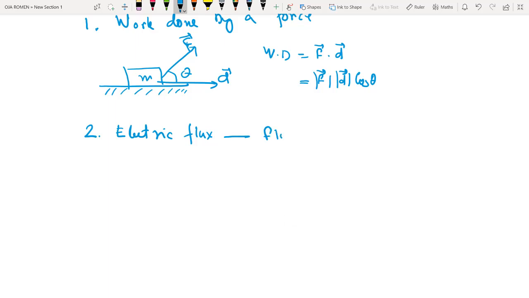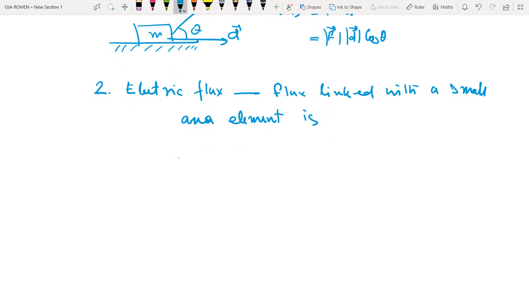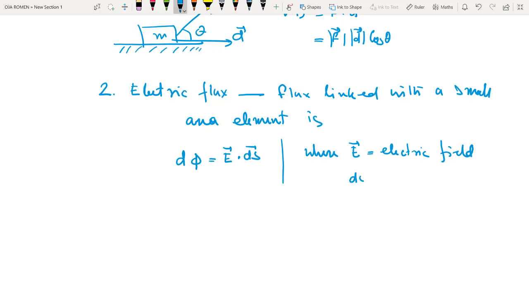The flux linked with a small area element is d phi equals E dot ds, where E is the electric field and ds is the area vector normal to the surface.